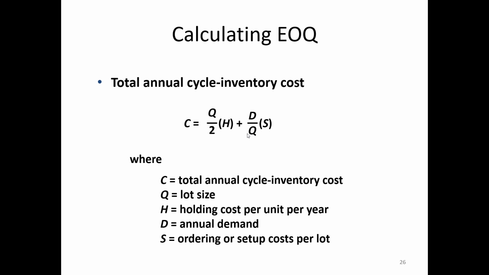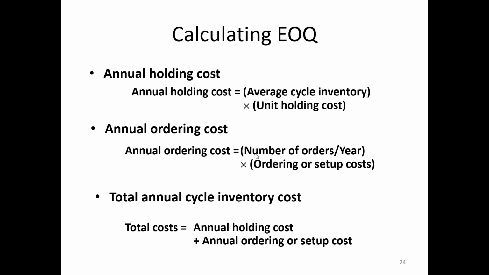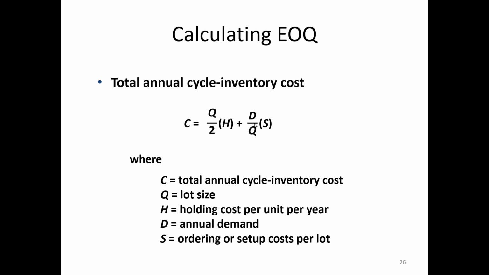How much we sell divided by how much each order size is represents how many orders we place. Then the number of orders per year times the ordering or setup cost. That D over Q is just the number of orders per year, times the setup or ordering cost. And there's our total cycle inventory cost. I haven't incorporated safety stock into this, but we easily can.